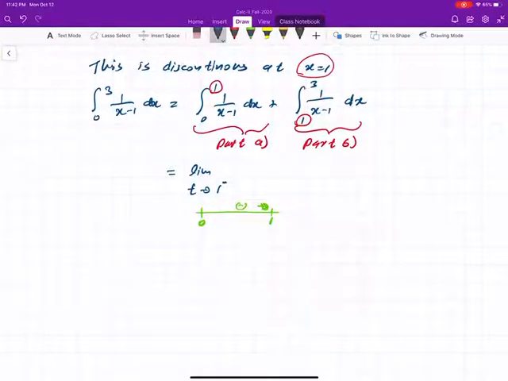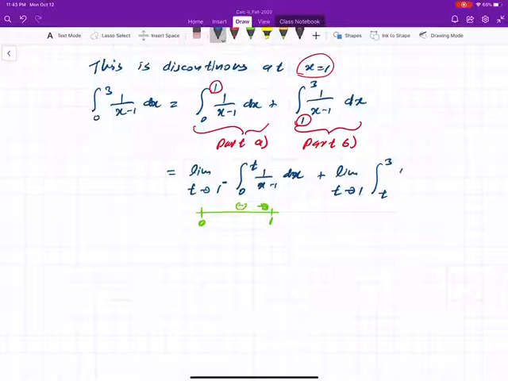All right, then you write integration from 0 to t 1 over x minus 1 dx plus limit. Now t goes to 1, you have to determine which side here. Let me determine it later. Here I put t to 3 1 over x minus 1 dx.